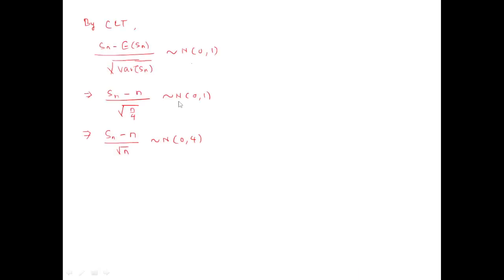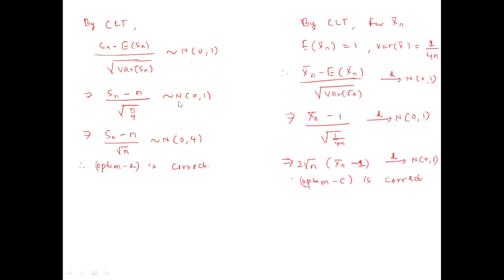Let's check another option. Now apply the central limit theorem for another sequence, X bar. As we know, if the expectation of Xi is mu, then the expectation of X bar is again mu. As the expectation of Xi is 1, the expectation of X bar n is also 1 here.